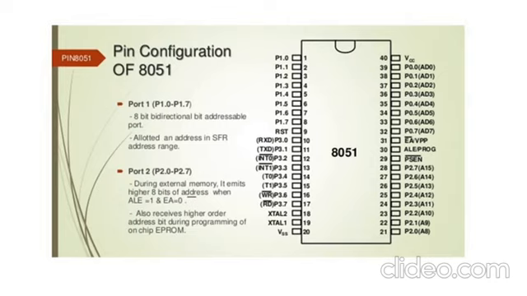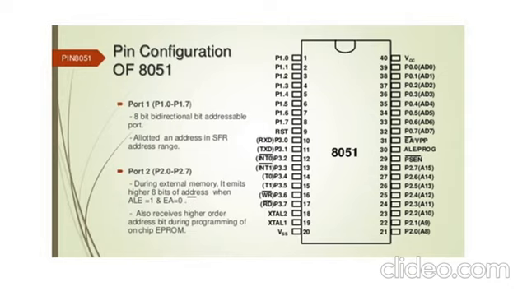So this is the difference between bit addressable and byte addressable. All the ports are bit addressable. There are a few special function registers which are only byte addressable; we can't change individual bits. So we can manipulate individual bits in these ports, and that is the reason he is mentioning bit addressable port.